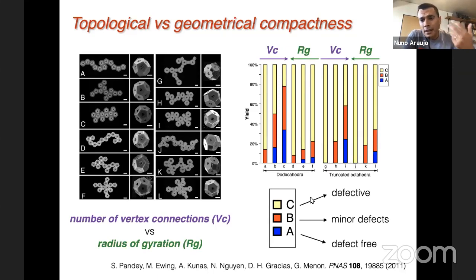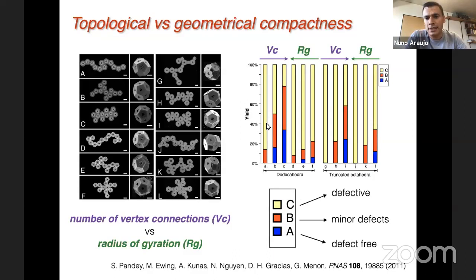So the better the net that we take, the larger should be the fraction of samples that fall into the category A, defect-free. Here we have, for the dodecahedron, the comparison between the 3 nets based on the number of vertex connections and the 3 nets based on the radius of gyration.